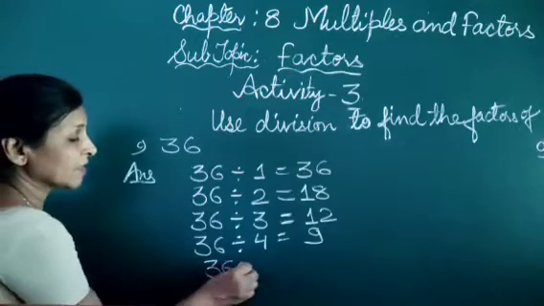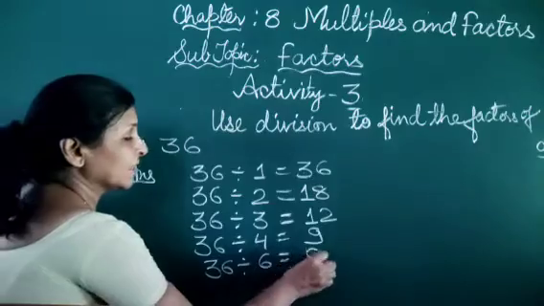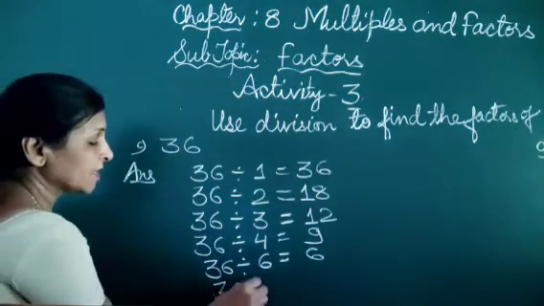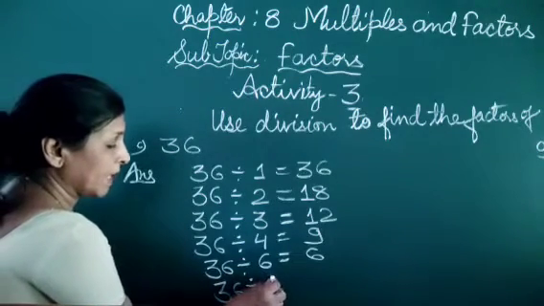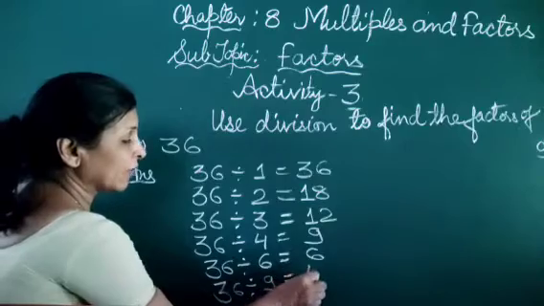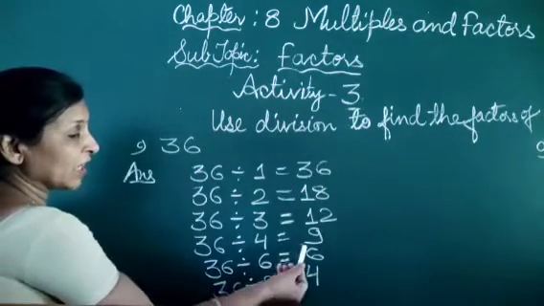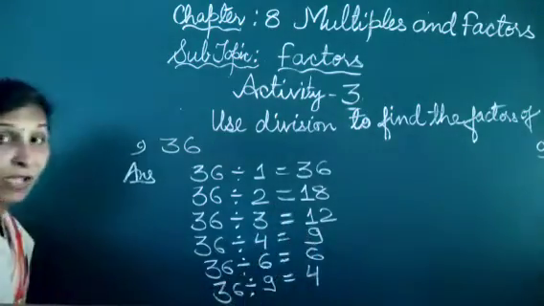Then 36 is divided by 6, then we get 6. Then 36 is divided by 9, then we get 4. After this, we can take in reverse order. That 9 we can take it, then 12.